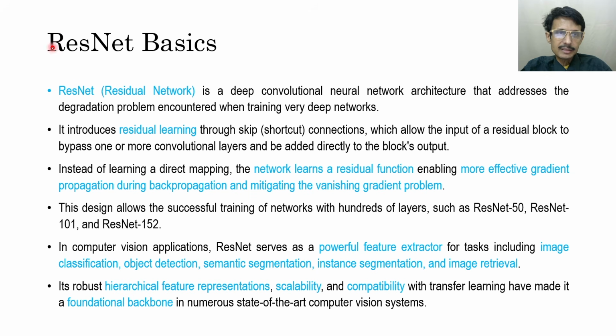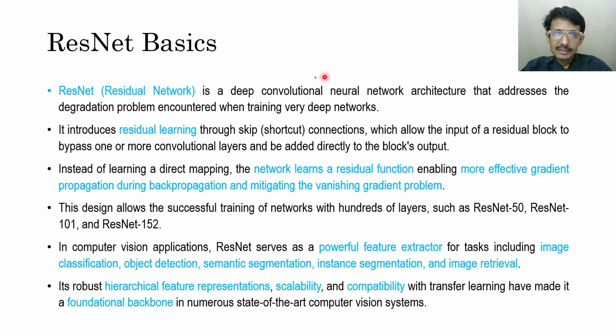Now, what actually is this ResNet all about? ResNet, short for residual network, is a deep convolution network that, as we have seen, goes up to maybe 152 layers. And it can deal with the vanishing gradient problem even with this very high depth.